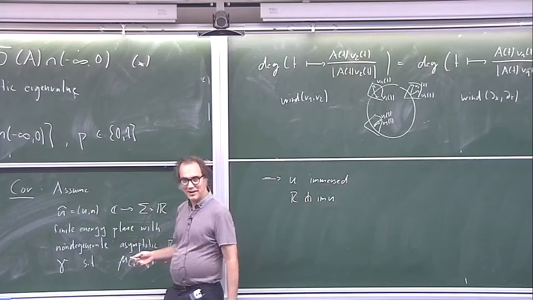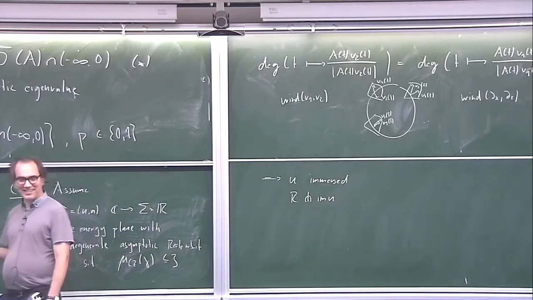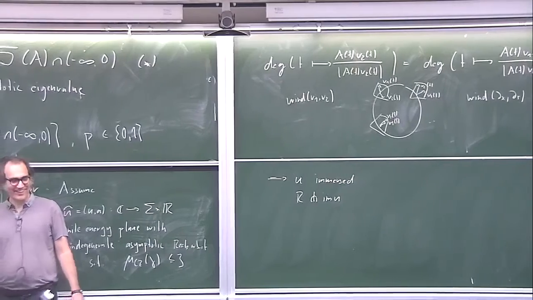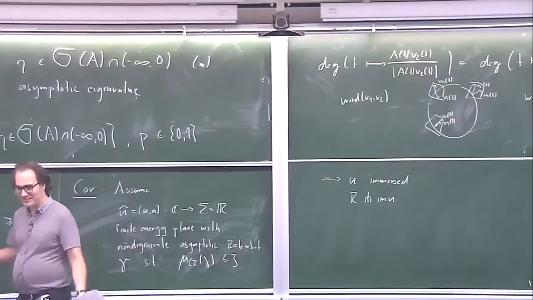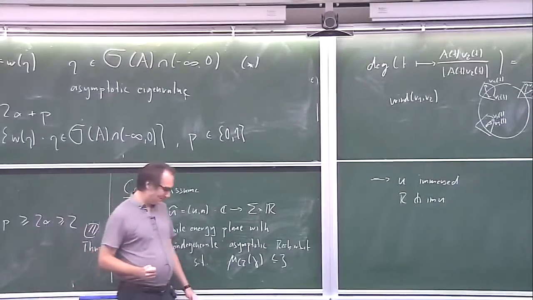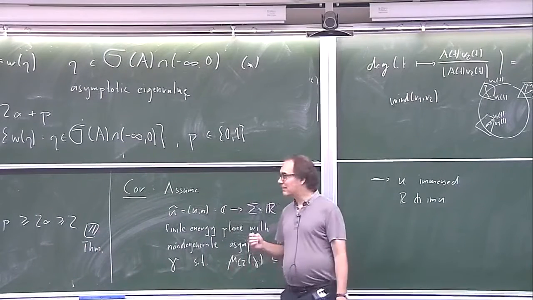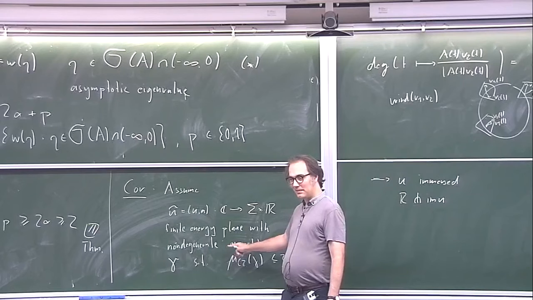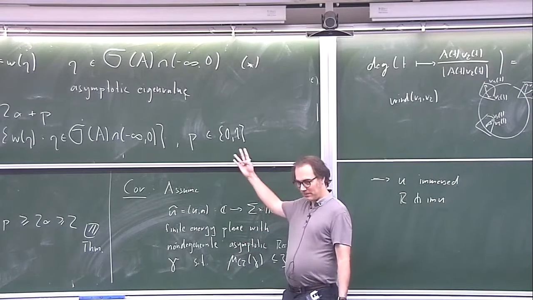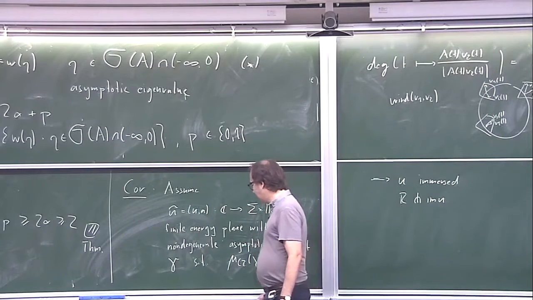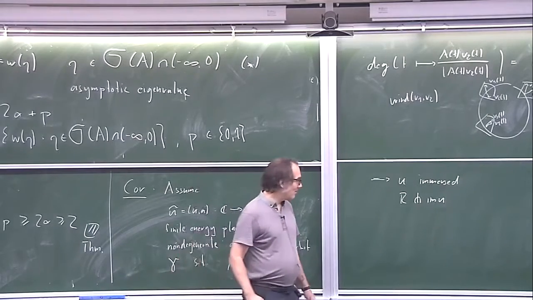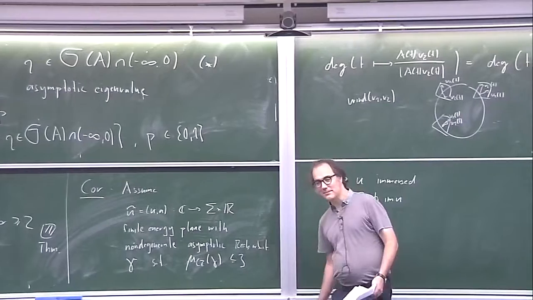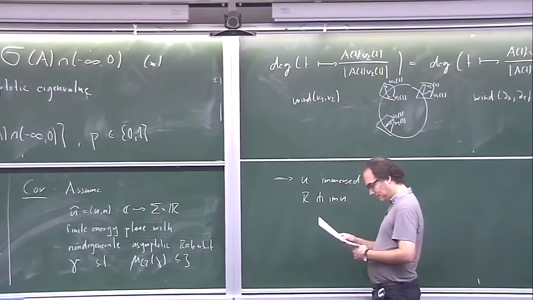For example, in the only explicit example I gave you, for the standard sphere in C2, it was not non-degenerate, but it was Morse-Bott. And so you also have this asymptotic behavior. But yes, there are very degenerate situations where this can fail.